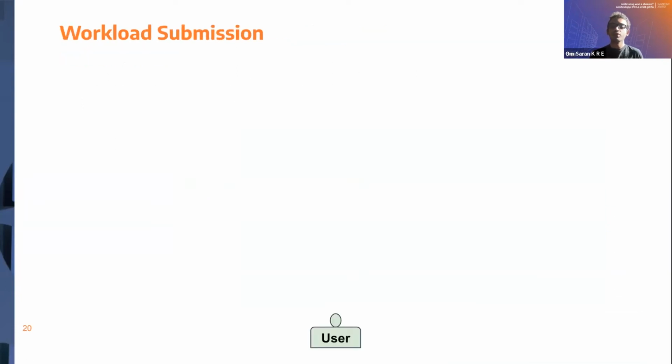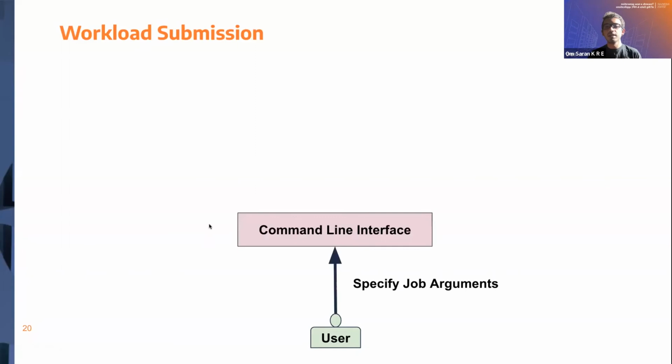Now we'll see how a user actually submits a workload, for example, his scientific experiments that he wants to run via the BigHPC framework. The user interacts with a command line interface tool, and via this, he specifies his job arguments. For example, the number of nodes that he wants to use, and the kind of hardware that he needs to run his workload. For example, he might require a GPU.